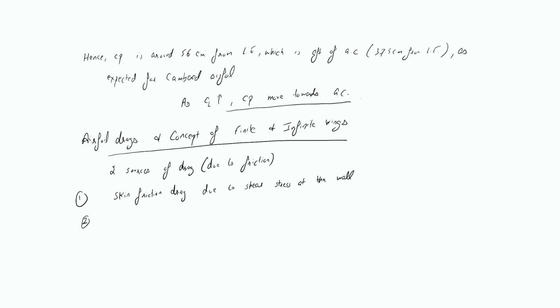The second type is because of flow separation, where drag is generated. That drag is nothing but pressure drag due to flow separation, and we also call it form drag.